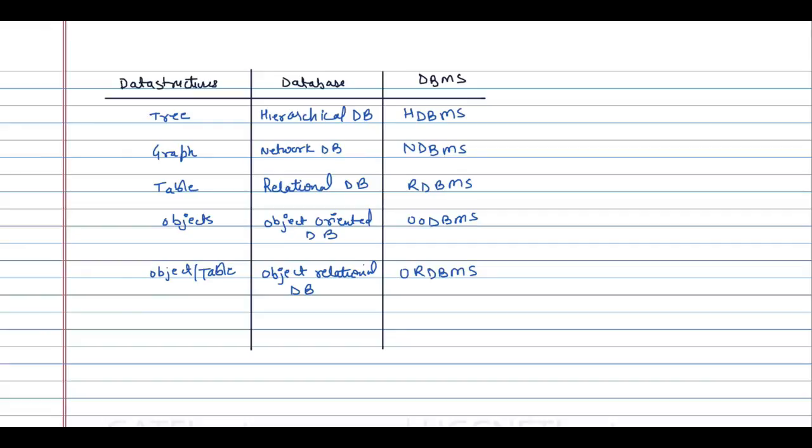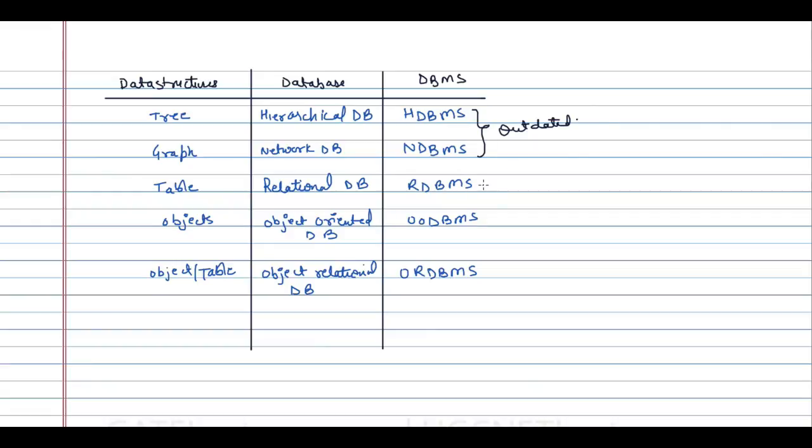Okay, now here in all these different types of databases, this hierarchical database management system and NDBMS, that is network database management system, these are now outdated. That means we don't use them anymore.